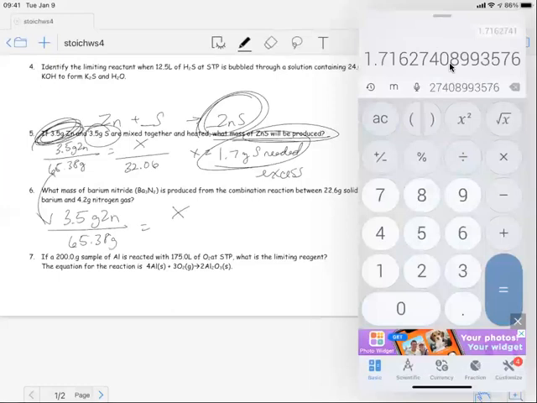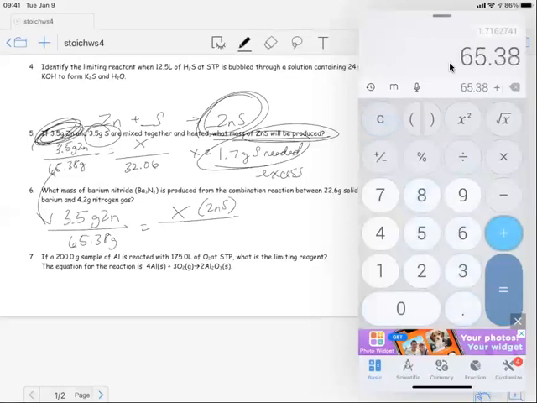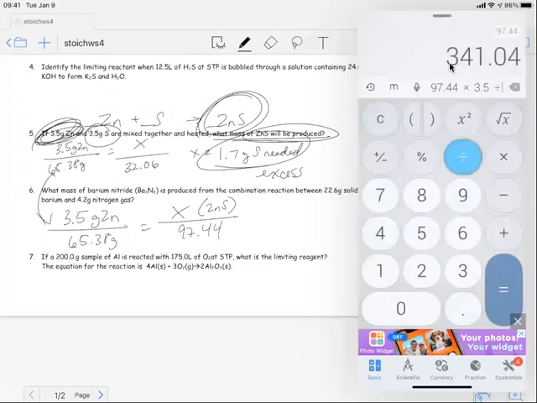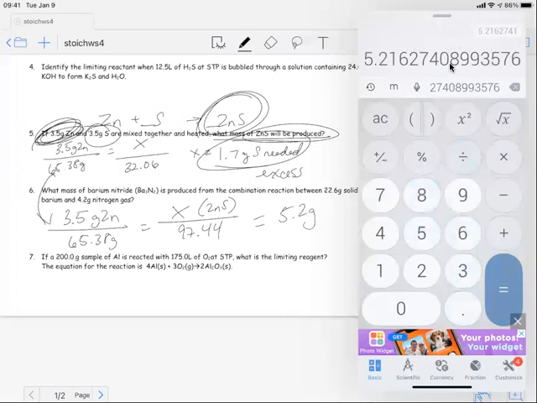And this time X is zinc sulfide. So I have to add, what is it? Zinc is 65.38 plus sulfur, which is 32.06. So 1 mole of zinc sulfide is 97.44. Cross multiply: 97.44 times 3.5 divided by 65.38. This is my final answer. So 5.2 grams of zinc sulfide will be produced.